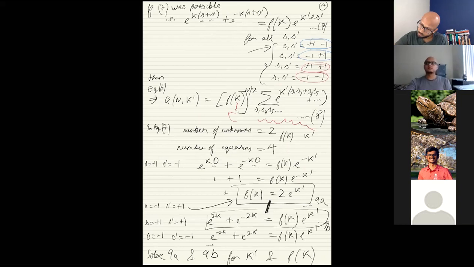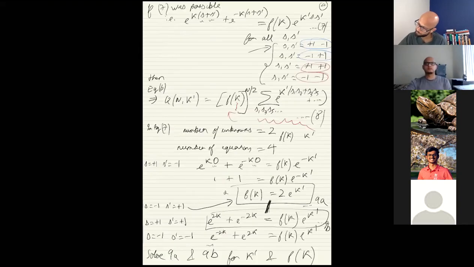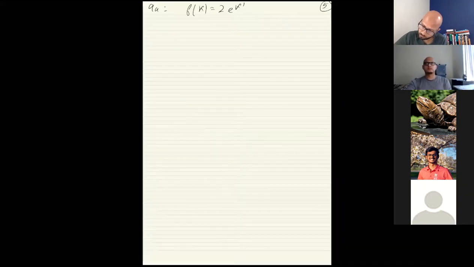So what was 9a? 9a told us f of k is equal to 2 e to the power k prime. And 9b told us e to the power 2k plus e to the power minus 2k is equal to f of k e to the power k prime.